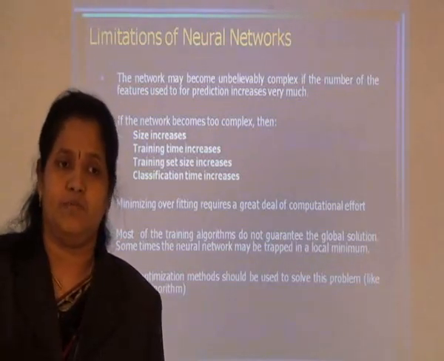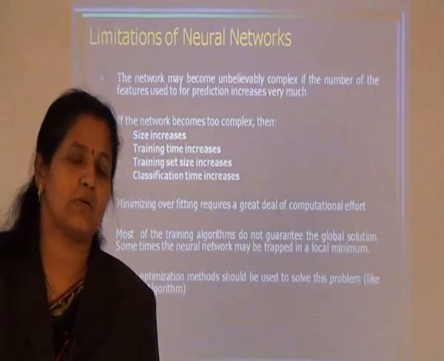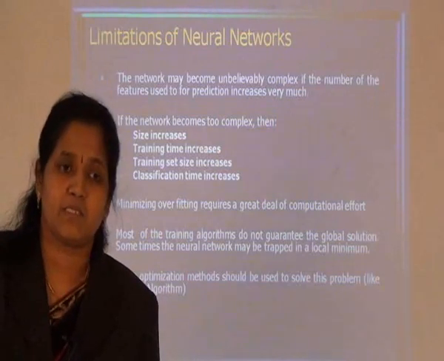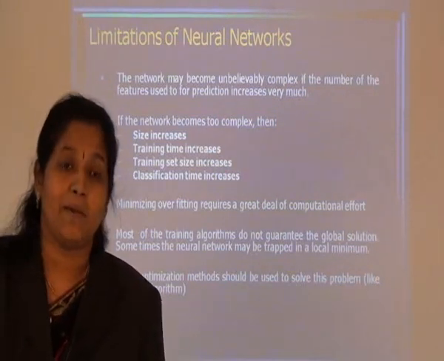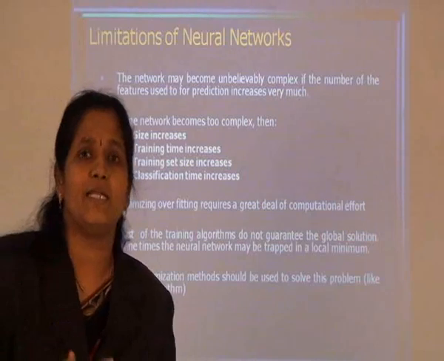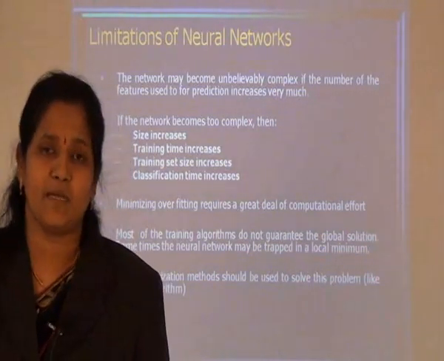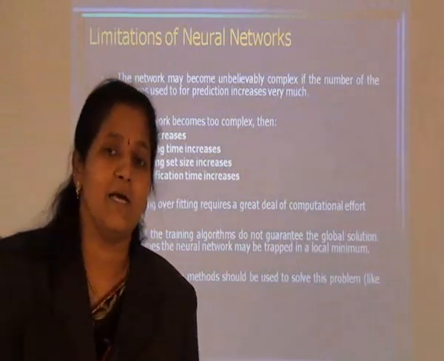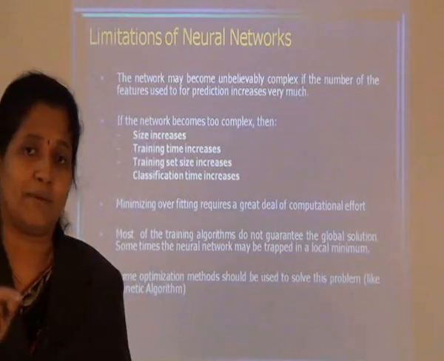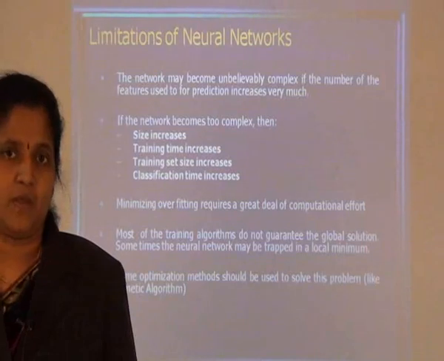If you keep on training the neural network, after some time it starts to memorize things, mugging up the things, instead of applying intelligence. That will create a problem, and that problem is called overfitting.